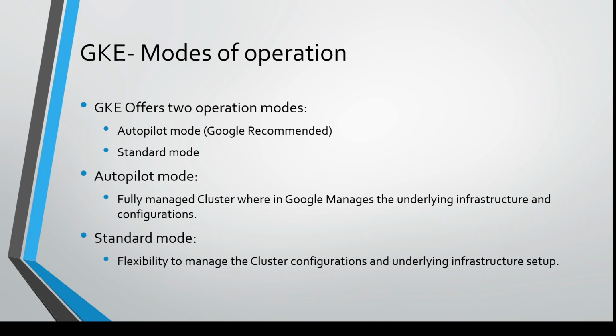There are options for you to request a specific set of compute types as well. We'll see more about it when we go in depth into the Autopilot cluster configuration and how to deploy workloads to an Autopilot cluster, in further videos. All right, so this is pretty much about Autopilot cluster.